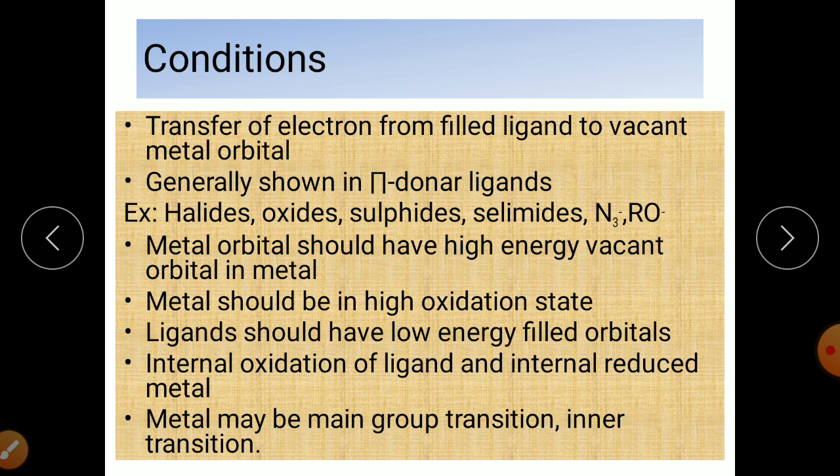Internal oxidation of the ligand and internal reduction of the metal takes place because it is a redox transition: the ligand is oxidized and the metal is reduced. In reverse cases, the metal is oxidized and the ligand reduced in some cases.